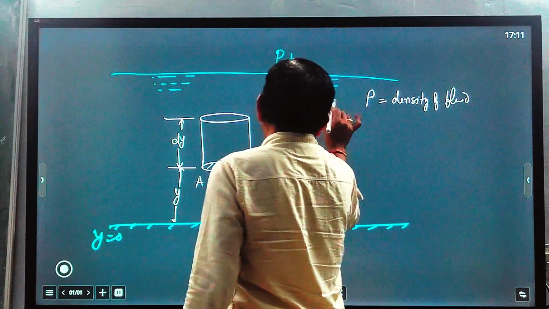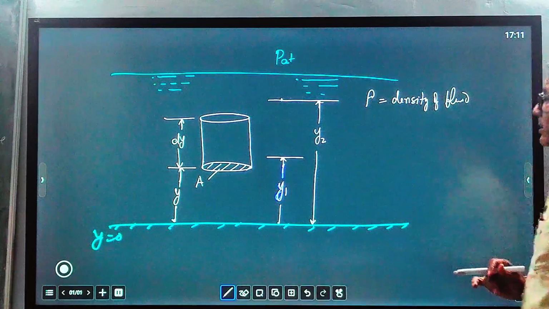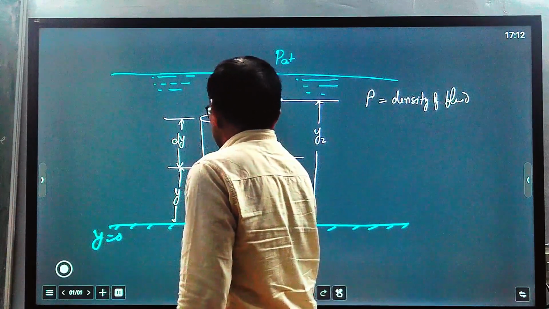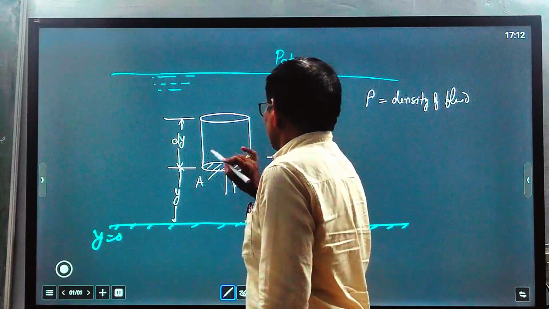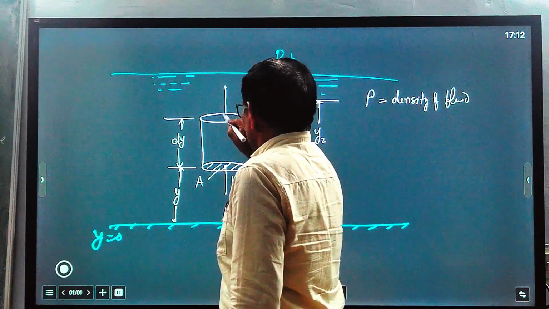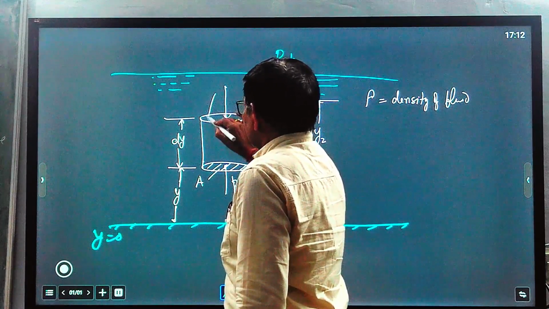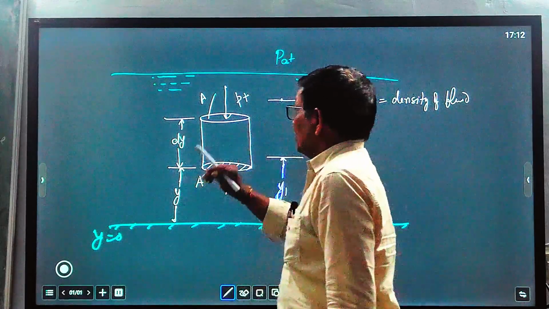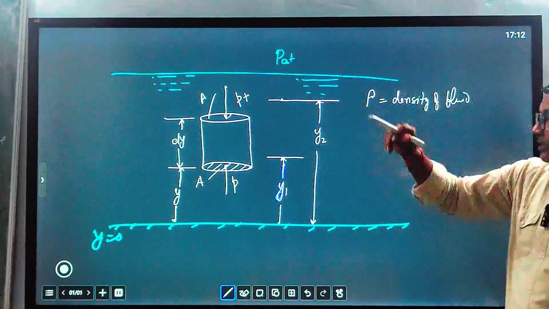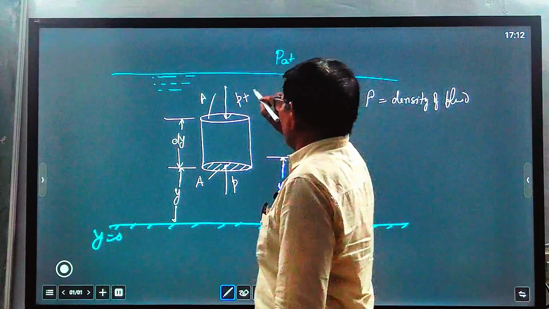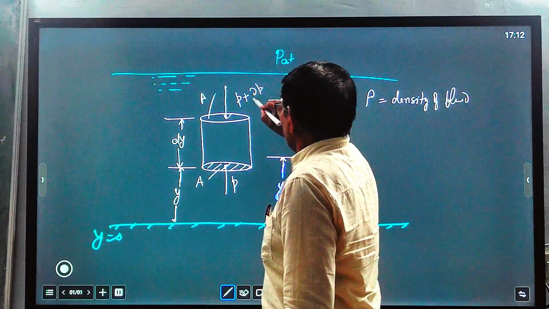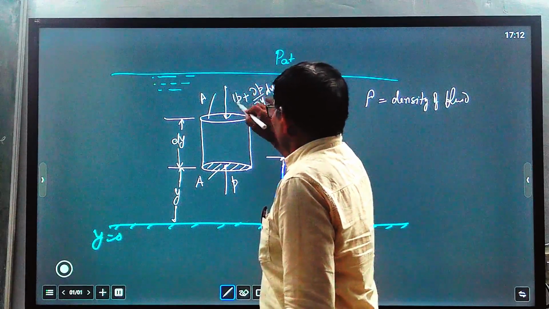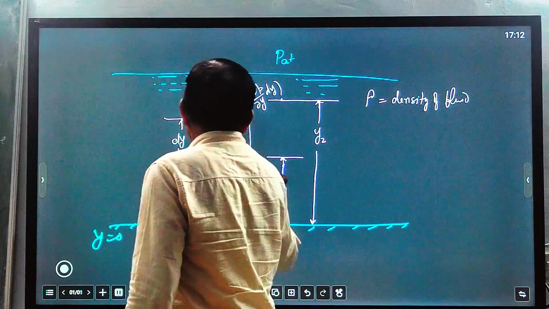This is the cylindrical element, and suppose the pressure at this point at y is P. As we go up, the pressure at this point, where the area is A, will be P plus del P over del y into dy, because as height increases, pressure also changes. This is the pressure at the other end. These are the faces A, B, C and D.